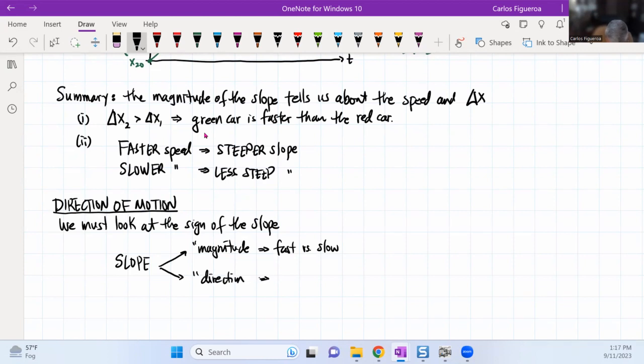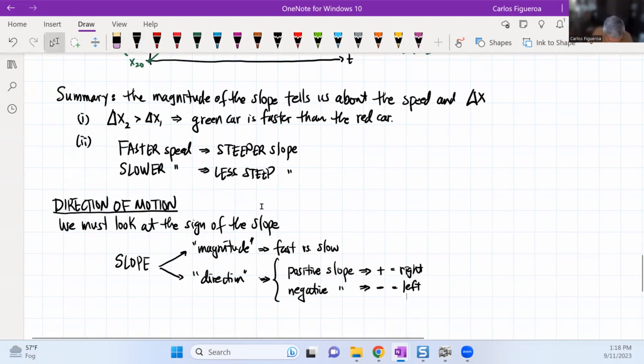So for the direction, it's customary to say that if I have a positive slope, that is the positive direction, or we can also say that it moves to the right. If I have a negative slope, it's either a minus sign, or we can state that it's going to the left.